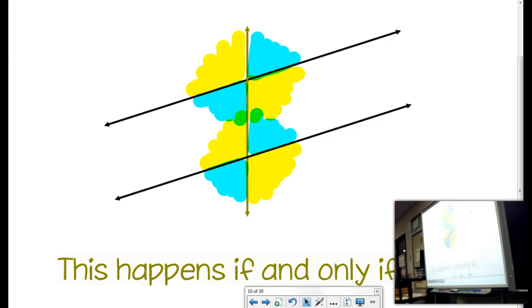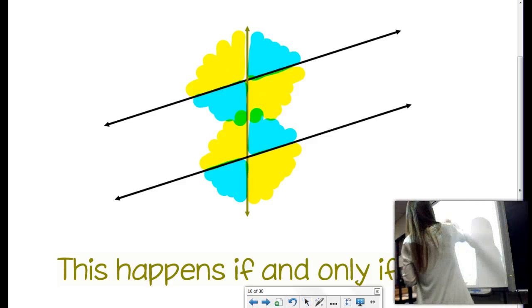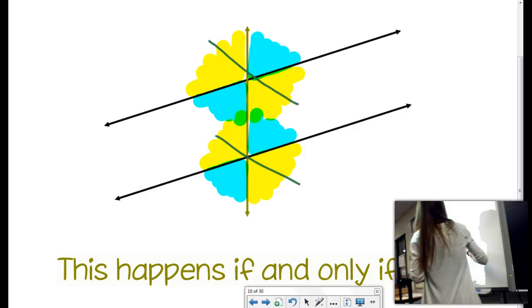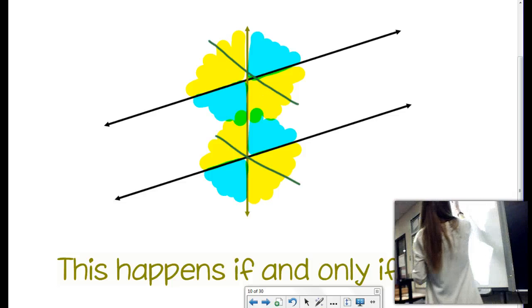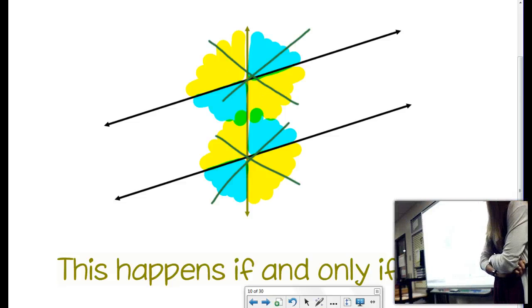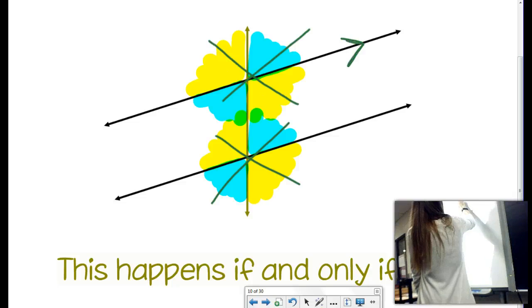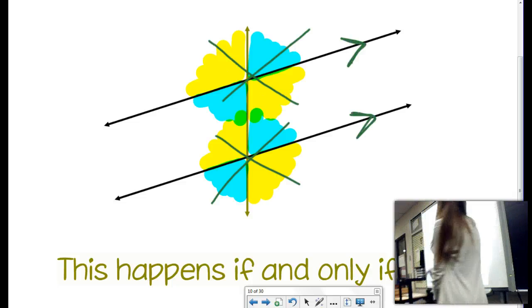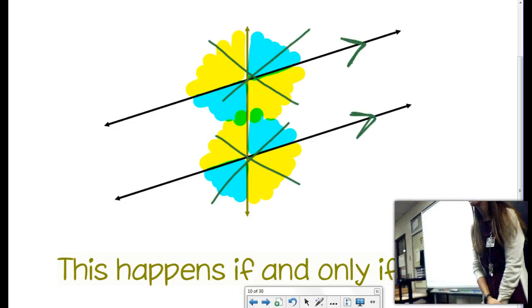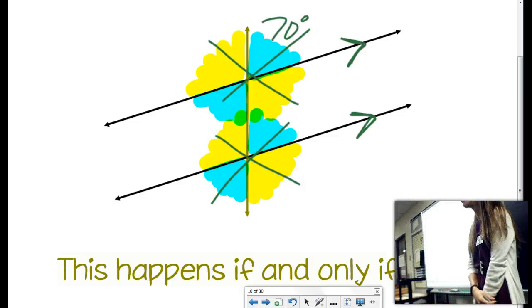In my picture, where are all the yellow angles? You kind of see how they're on a diagonal? Yes. Everything that's yellow is going this way, right? And then everything that's aqua is on the other diagonal, right? Yes. True or false? If we have parallel lines cut by a transversal, and I tell you one angle, then you could tell me all 8 angles.